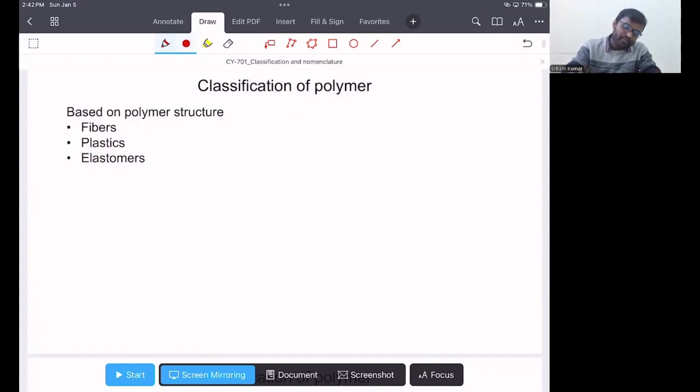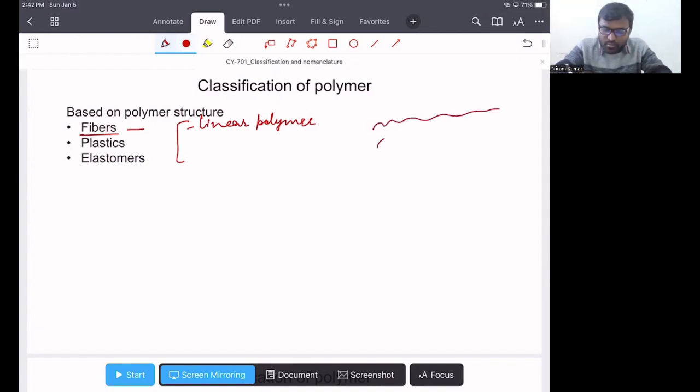So here we have the fibers kind of polymers. Fibers have certain properties. For example, fibers are a kind of linear polymer.